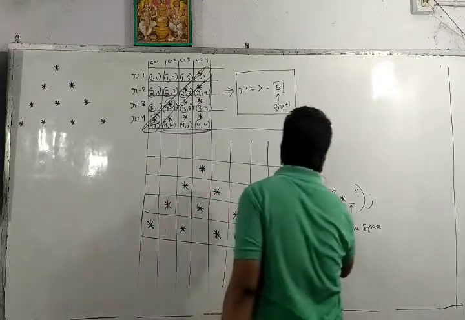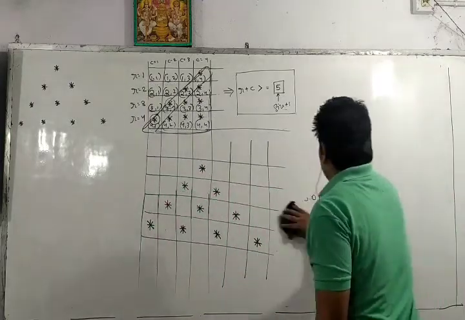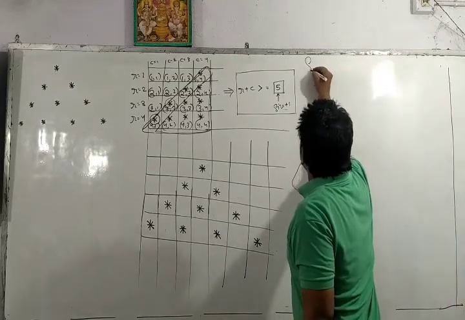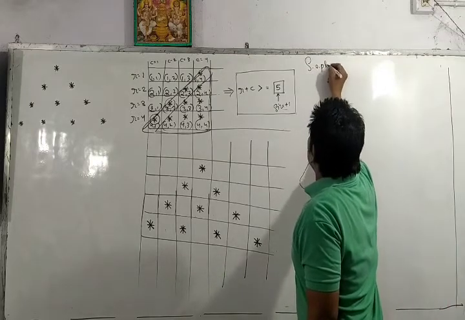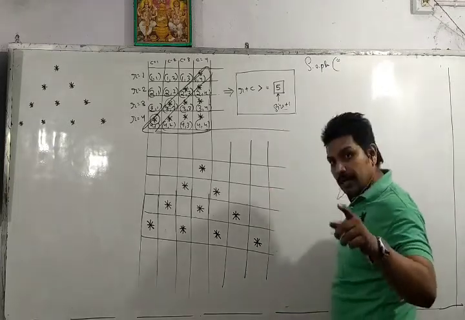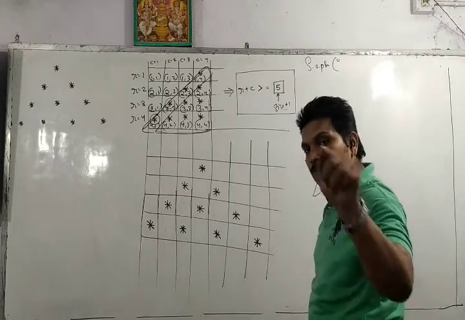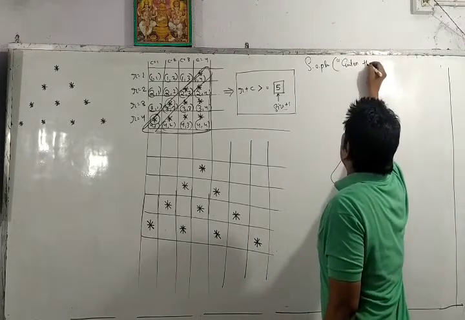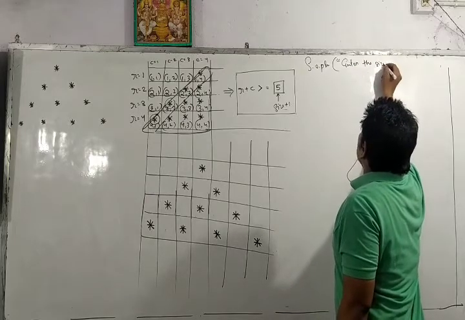Okay, so how to write the program? Listen. System.out.println. In the examination, don't write s.out.pl. Write System.out.println: "Enter the size of the pattern".